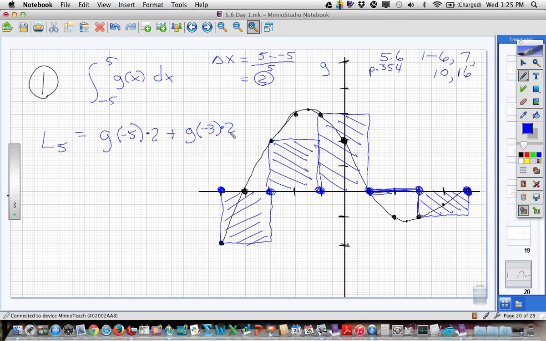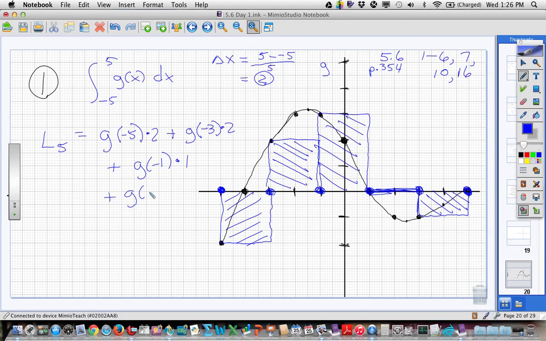In the early stages, it's easier if you have the picture because you can just look, but you'll soon learn that since the width is 2, the input numbers in here have to go up by 2 because I'm moving over 2 every time. So this one's going to be G of -1.